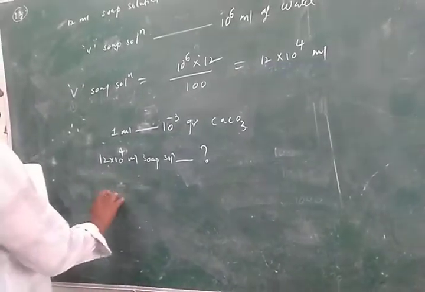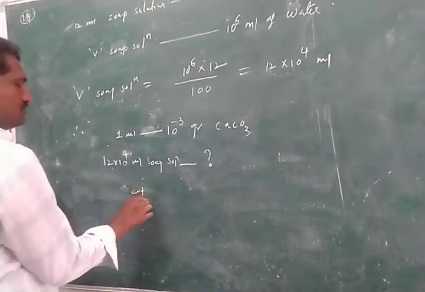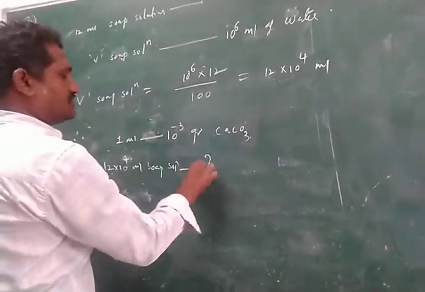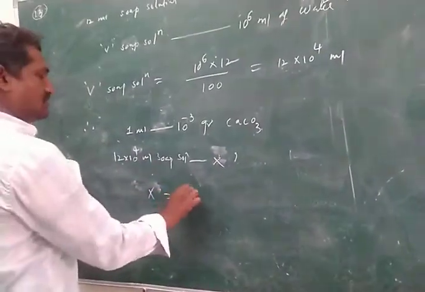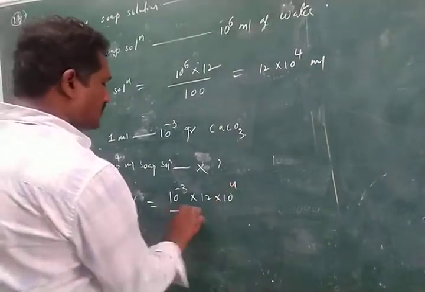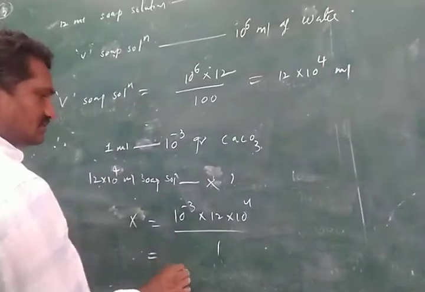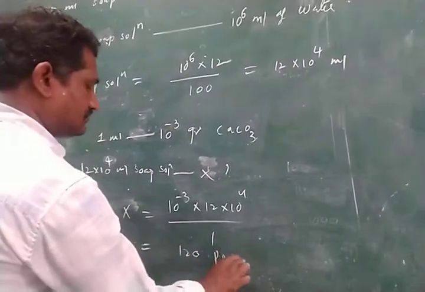From this crisscross, assume x. So x equals 10 power minus 3 into 12 into 10 power 4 by 1, which equals 120 ppm.